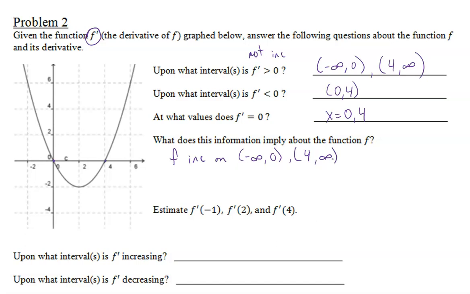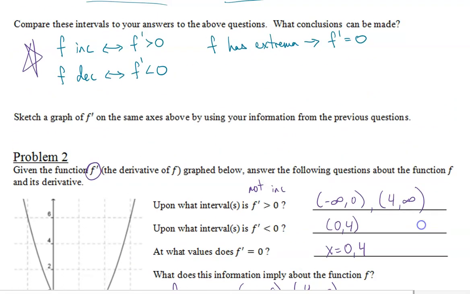It's not something I'm ever going to be picky on, but there is a difference between saying or and and. For the most part, I generally just use commas. That's a side note there. And then f is decreasing on 0 to 4.